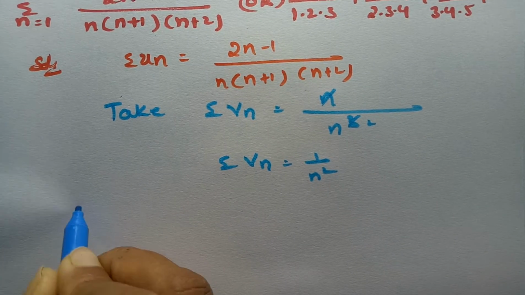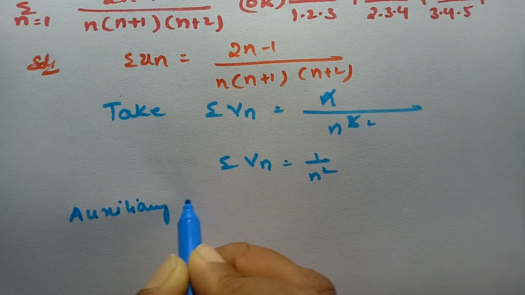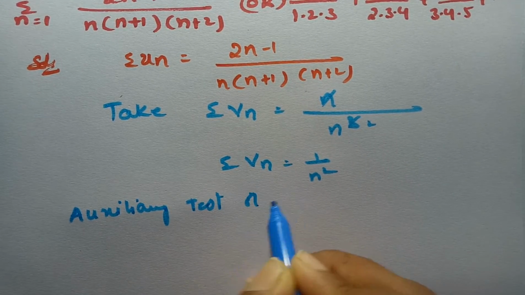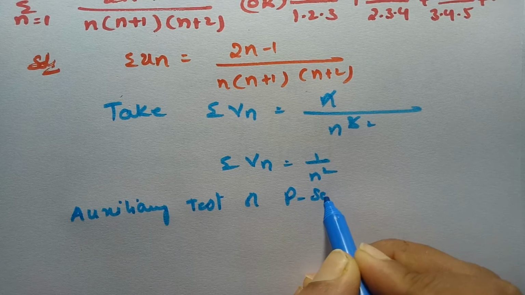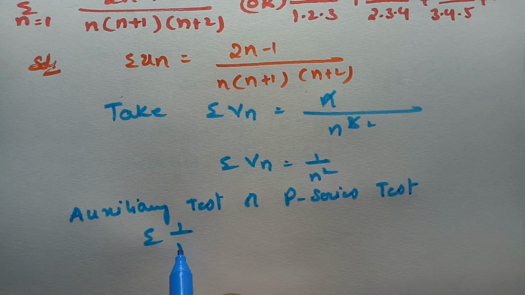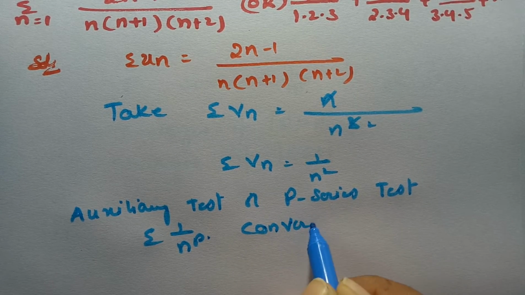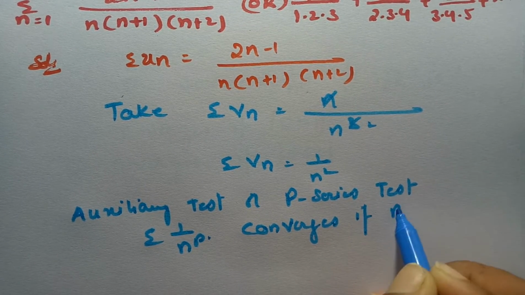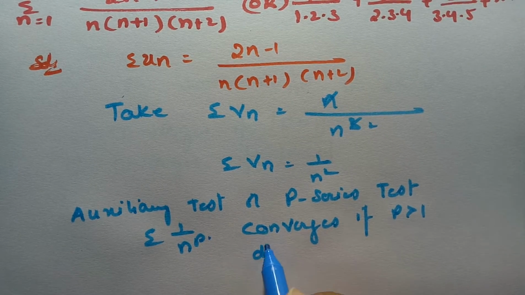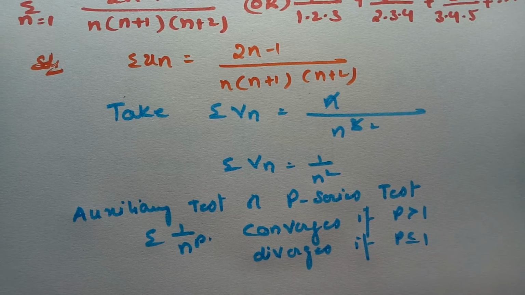Just now I have said, according to the auxiliary test or P series test, sigma 1 by n power p converges if p is greater than 1 and diverges if p is less than or equal to 1.